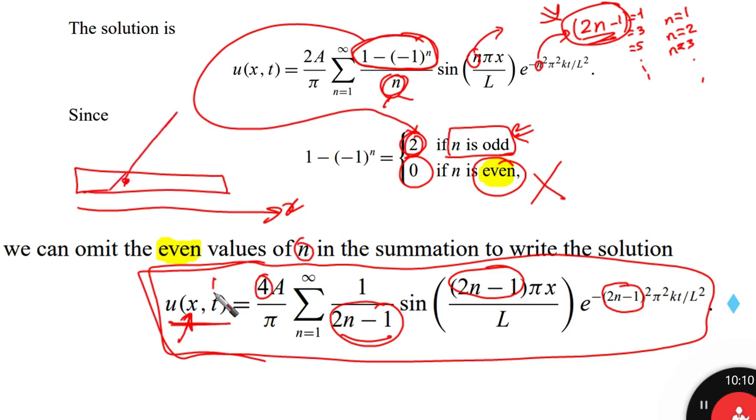So if we know x and t, and of course we know L, the length of the bar, and the number of terms that we want to take, like 5 terms, 6 terms, 10 terms, 20 terms, then we can give the solution of our equation.